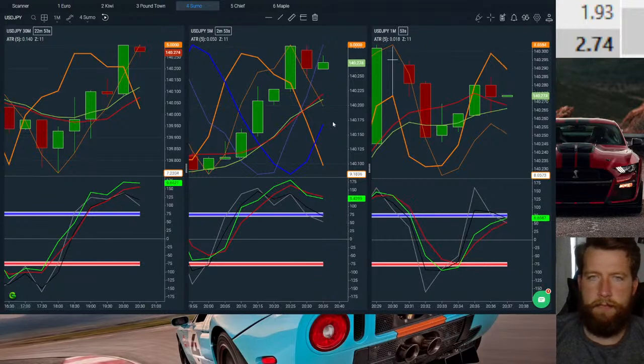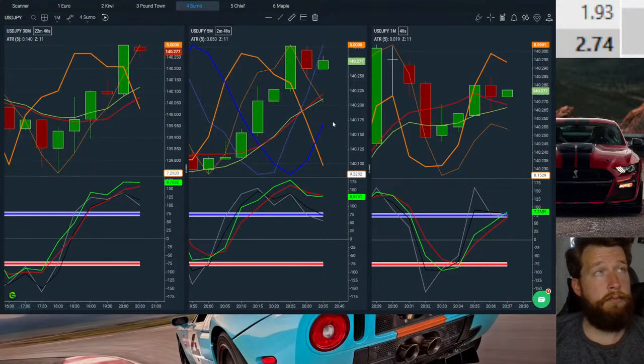Okay, no Hydra. 5 minute TNT, still very bearish.